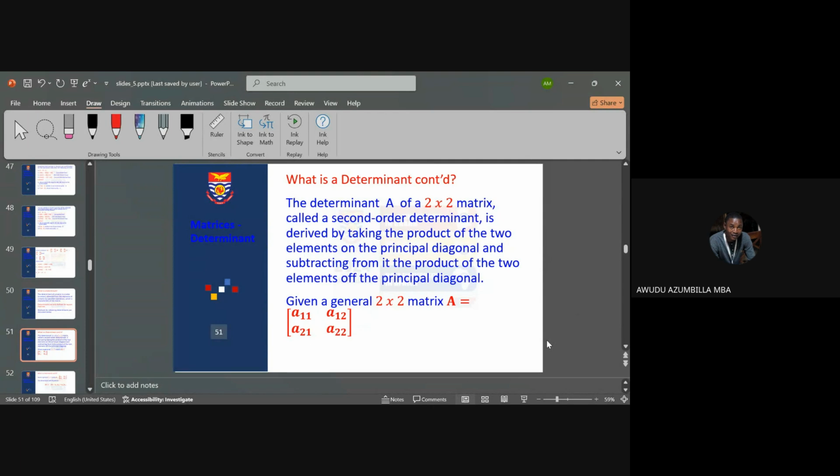We multiply the principal diagonal, this one by this, and subtract from it this one by this. The product of this minus the product of this is what we call the determinant.